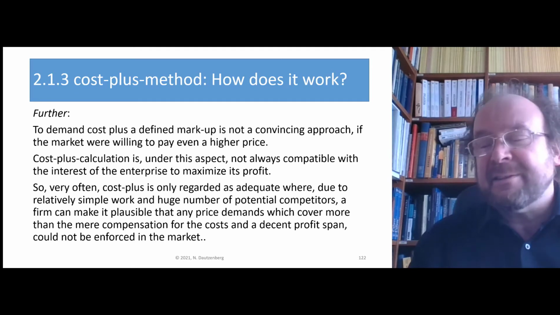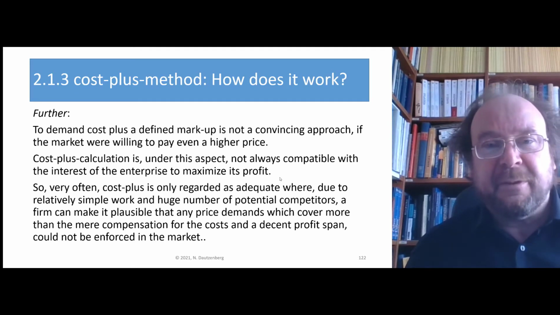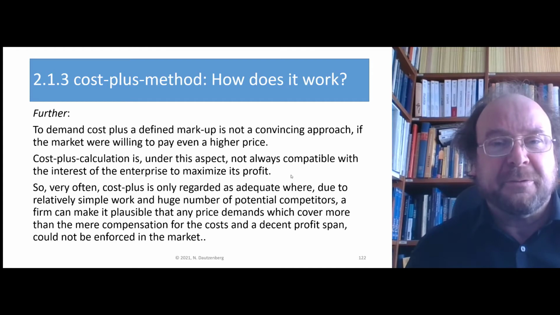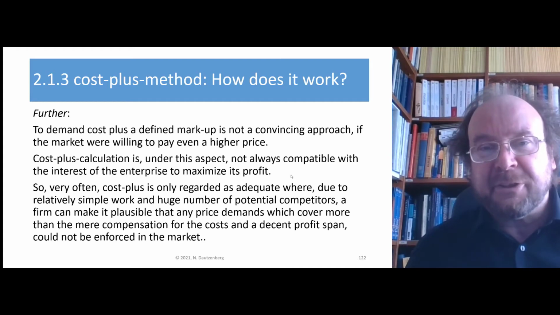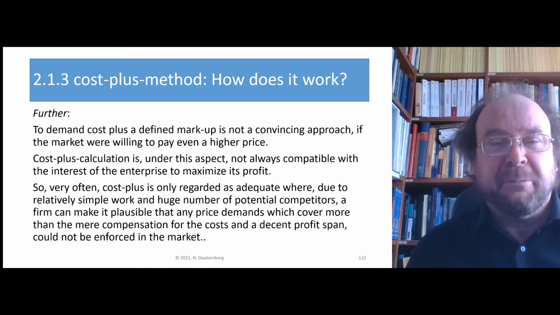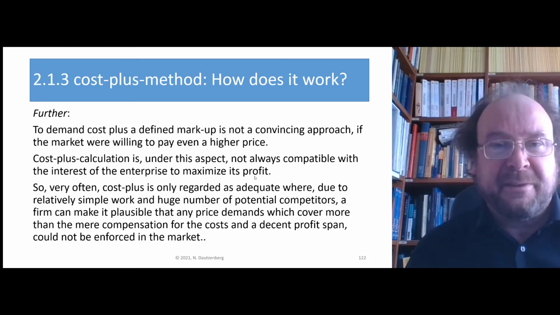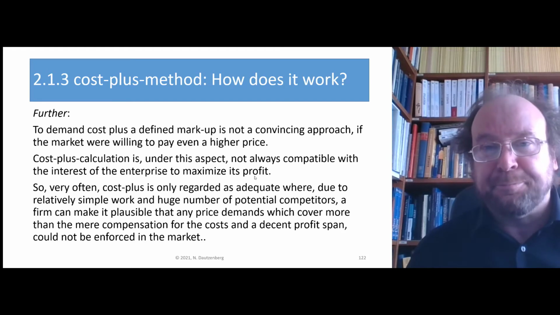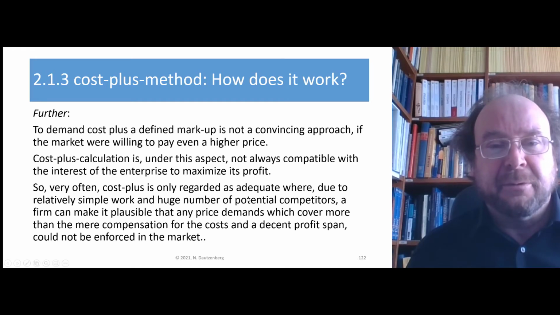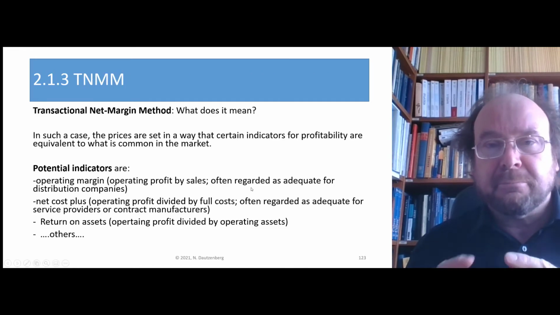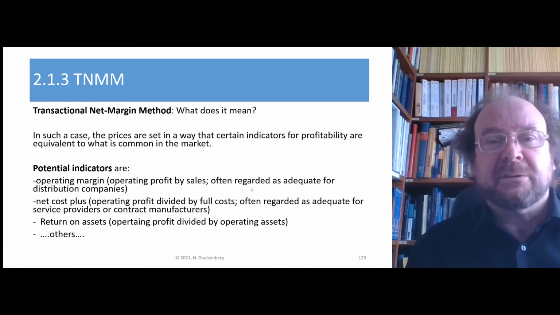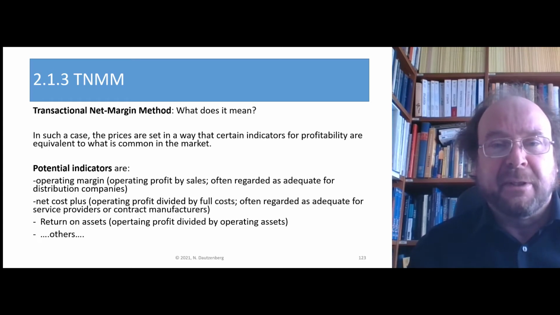If that is not the case, if you have a rather strong position, if you have some intellectual property or some knowledge or abilities which others cannot offer, then usually cost plus is not the method to which you are forced to adhere. You will probably take more and will be able to get along with higher price demands.